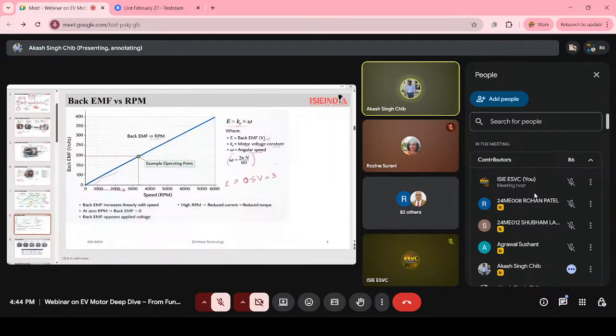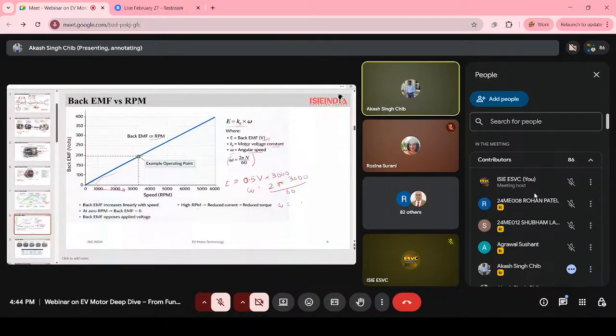angular speed, let's suppose we take a speed of 3000 RPM. First we will convert the RPM to angular speed. How will we calculate it? 2 pi into 3000 upon 60. You can give me the answers, or you can also do the calculation in your notebooks.